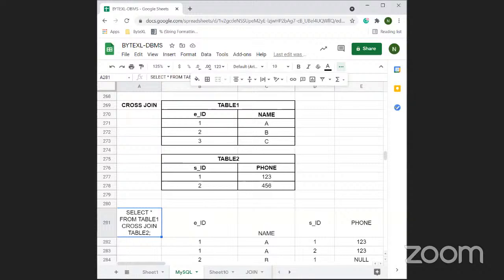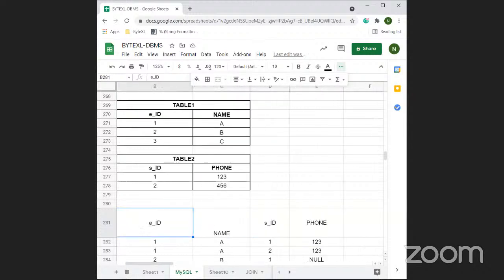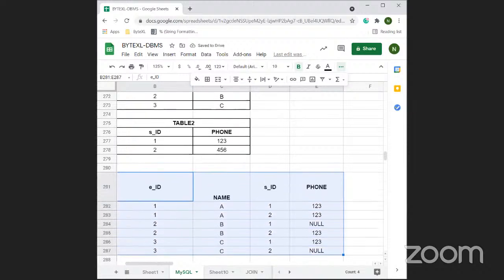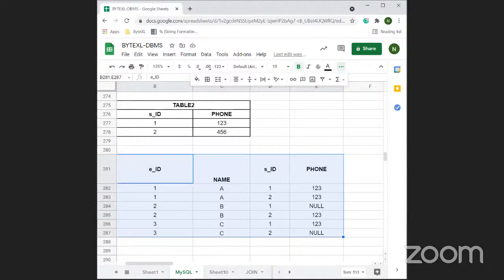But if I select all columns from table 1 cross join table 2, that means, to explain the concept, I am taking a small possible statement here. The new table that is formed is a very big one now. These are all the values that are available in this given table. And the reason is very simple. What did we just do?